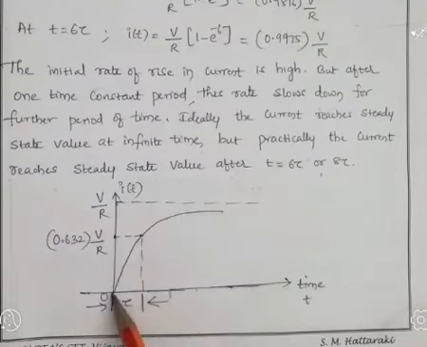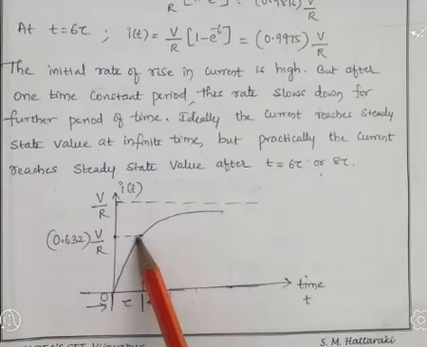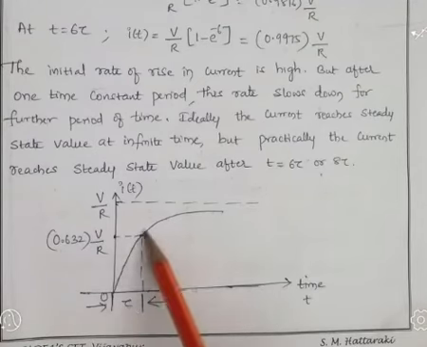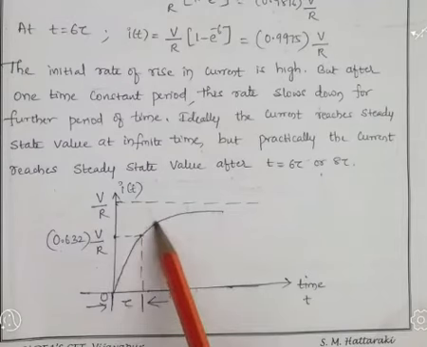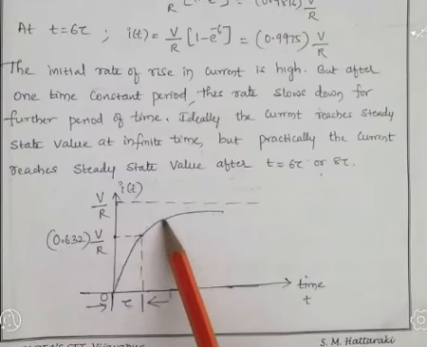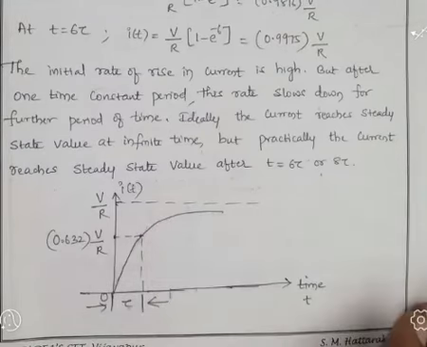So initially it drastically increases. Current rise is very high, initially, nothing but the first tau value. It is very high. But as we keep on increasing the value of tau, it slows down. The increase in the current is very slow. So this is the discussion about the time constant.